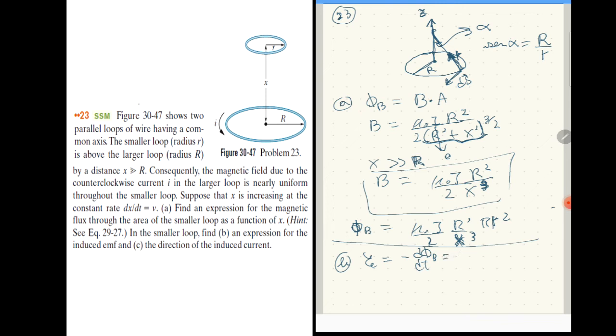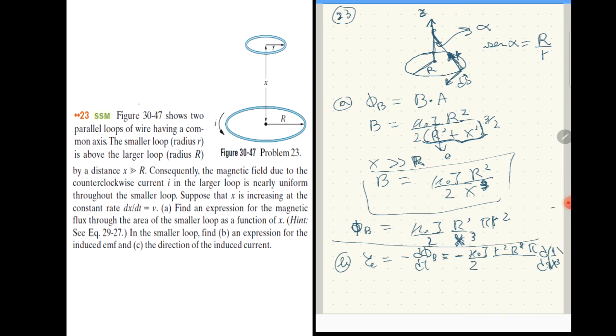So we get minus, magnetic permeability, current, 2, a lowercase squared, uppercase squared, pi, and the derivative of 1 over x cubed with respect to time.